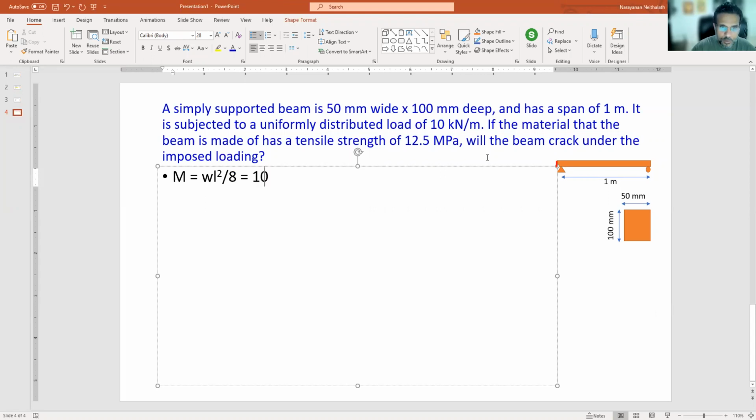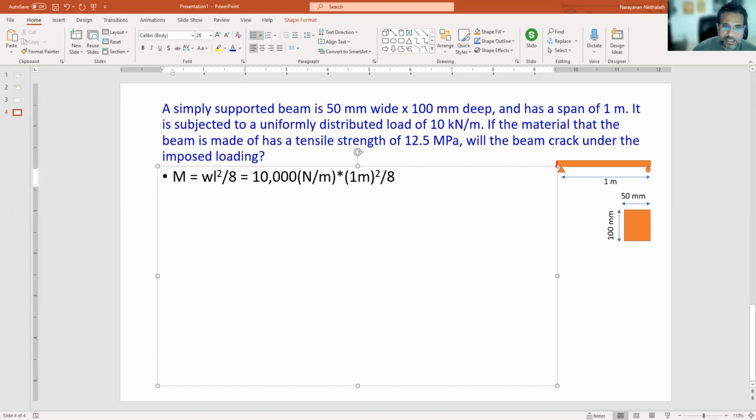So 10 kilonewtons is 10,000 Newton, so 10,000 Newton per meter times L is 1 meter, so 1 meter square. WL square, I'm assuming that you know the derivation for all of those, divided by 8, right?